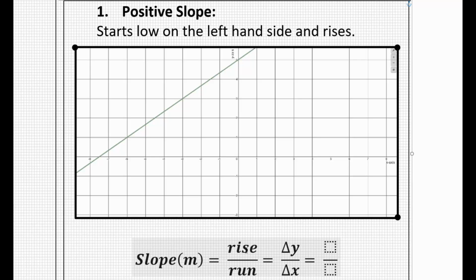To be more precise, this triangle means change. So the rise is the change in y, that vertical change, over, in the denominator, the change in x. That's the run, the horizontal change. And we put values here, so we'll be filling that in.